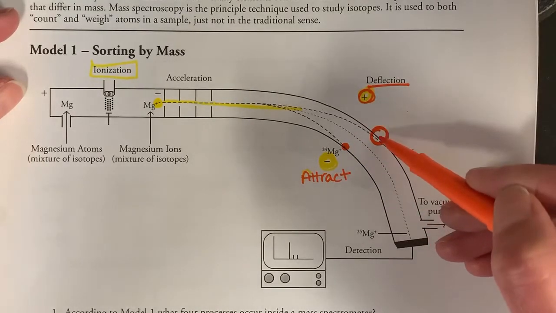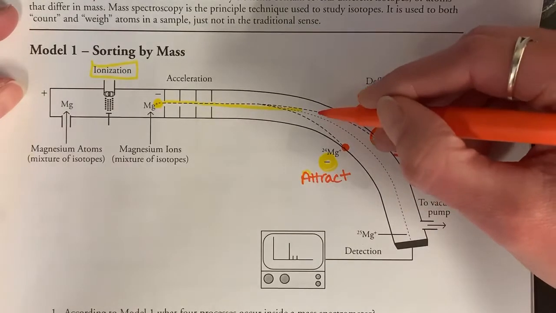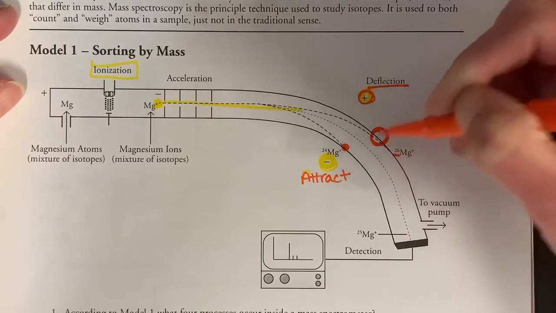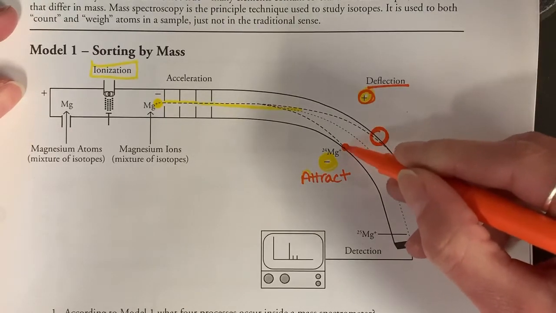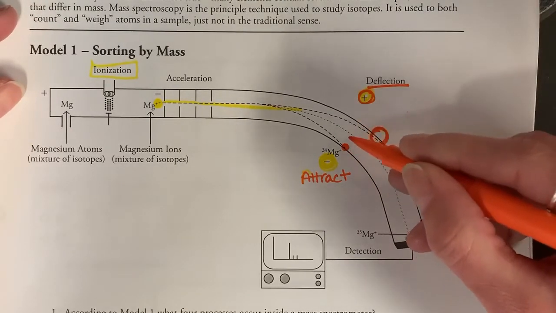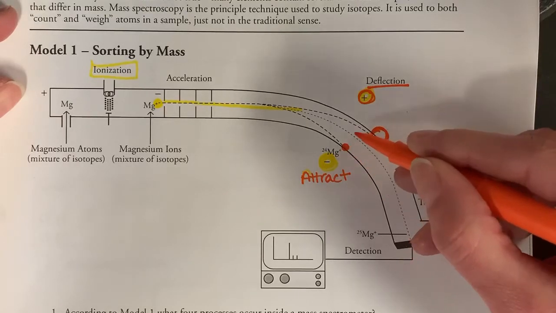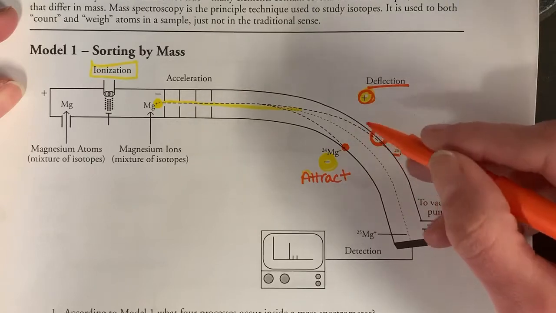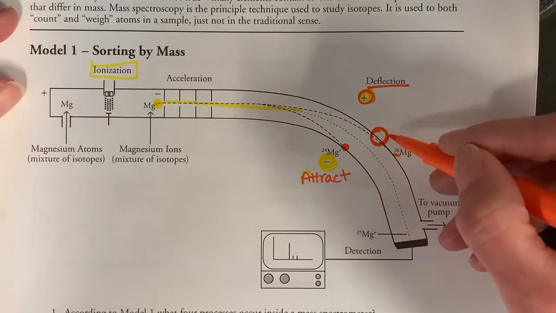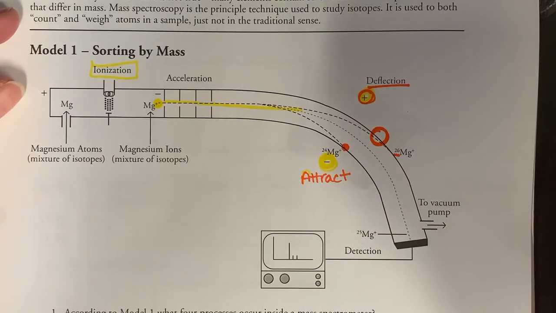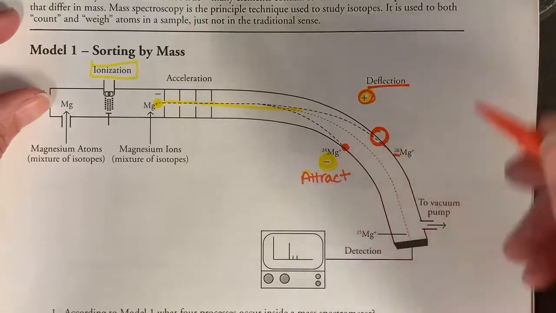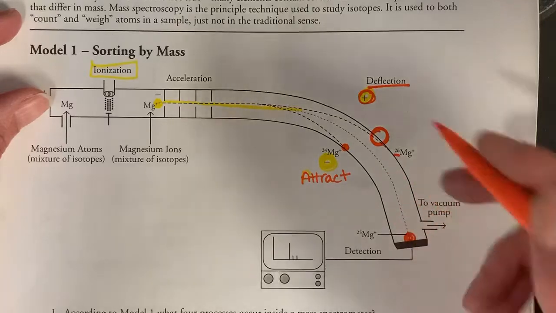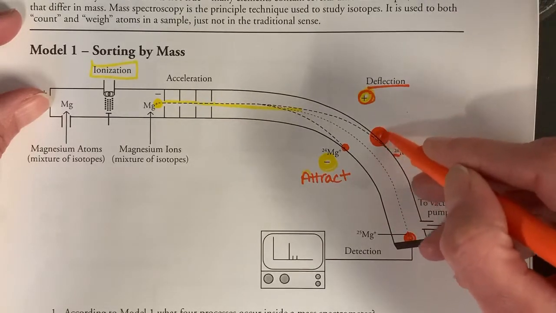So my bowling ball, my big isotope, only gets pushed a little bit. My little isotope, my golf ball, gets pushed a lot. And so my mass spectrometer is going to sort out the different isotopes by mass. Everything that has the same mass is going to get picked up in the same place.